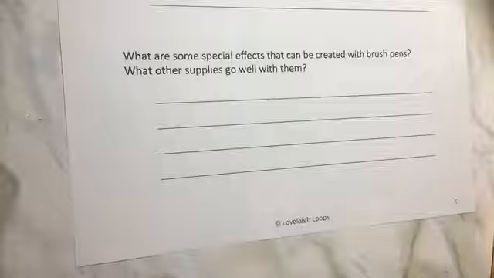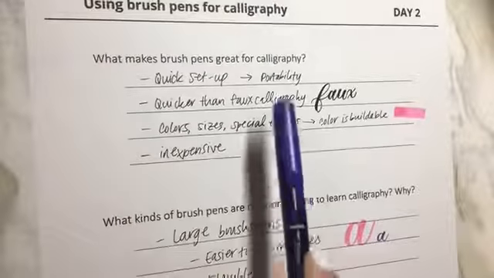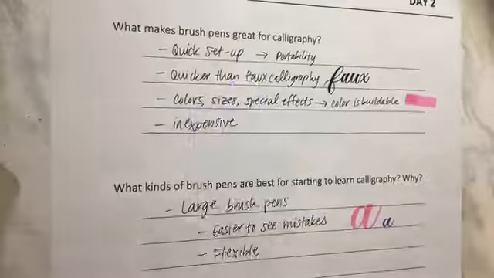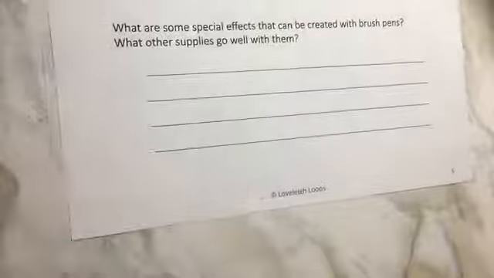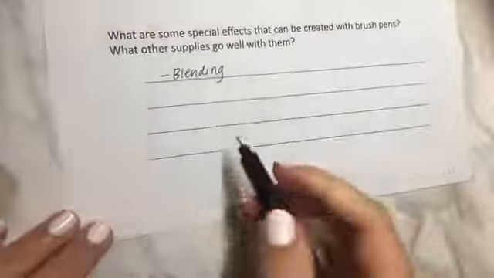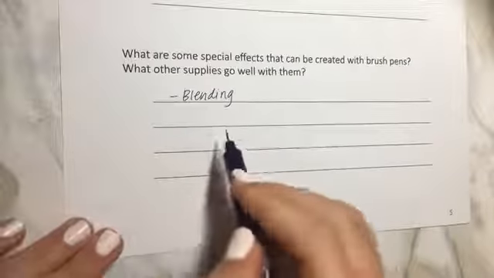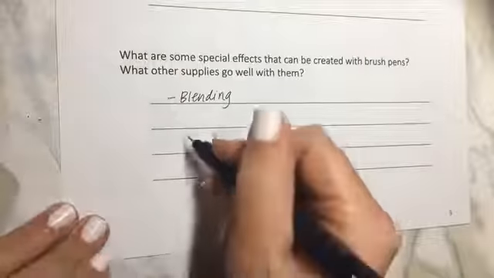Okay, now we're going to talk about special effects that can be created with brush pens. Remember I said up here, one of the things that I love about brush pens is that you can do special effects. First I'm going to list them and then show you how to do it. We have blending, and there are 3 main ways I can think of off the top of my head that you can do blending with brush pens.